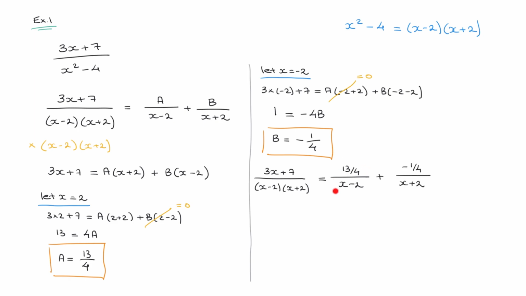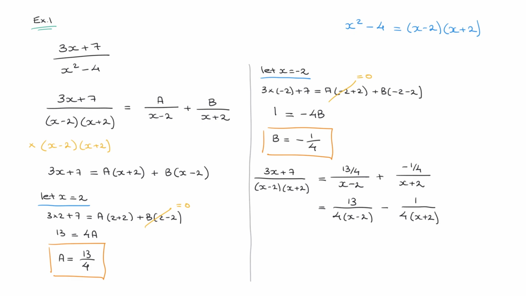But of course we shouldn't stop here with a 3-level fraction here. Indeed, this is equal to 13 over 4 times (x minus 2) plus this fraction, which has a negative numerator, so that becomes -1 over 4 times (x plus 2).